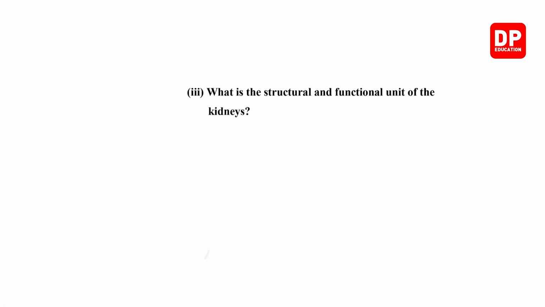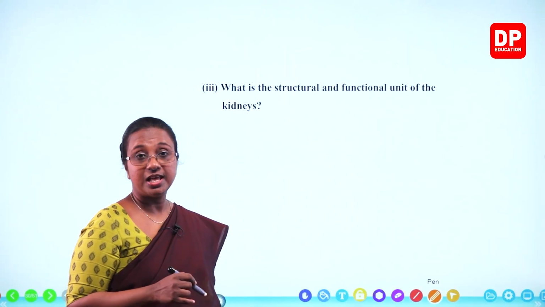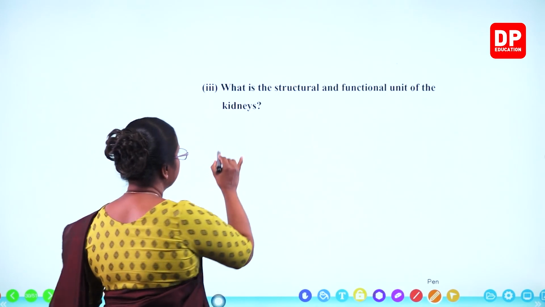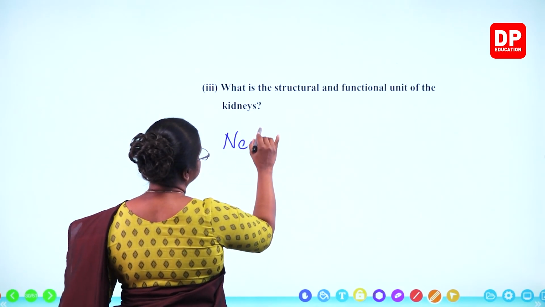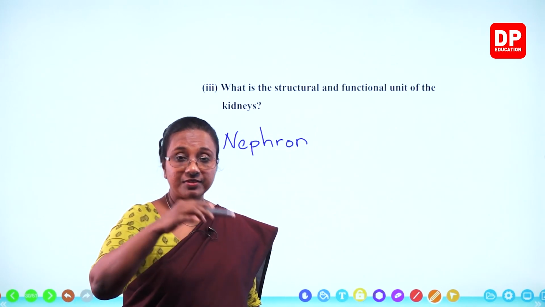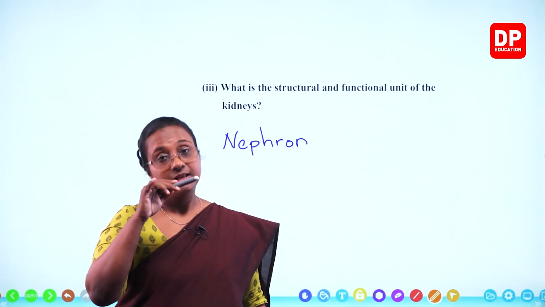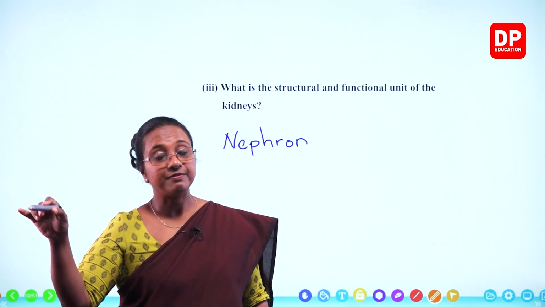The third one. What is the structural and functional unit of kidneys? Now, you all know the kidney is made up of two parts, the cortex and the medulla, and in that there are the nephrons. Nephrons are the structural and functional unit of kidneys. Nephron: you have the arteriole supplying blood, then the afferent arteriole, then the efferent arteriole.